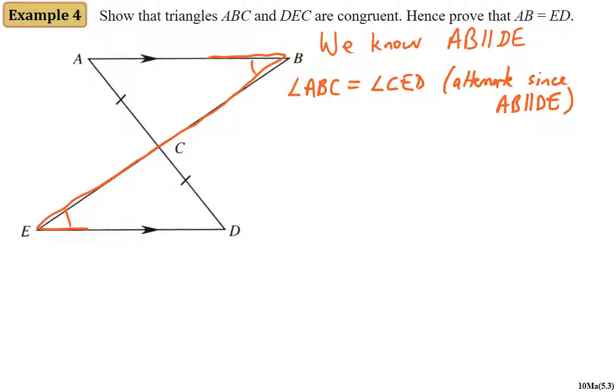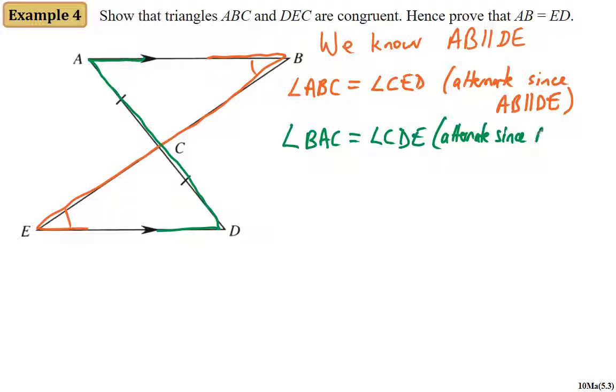The next line of working, still got alternate angles going back this way, so I end up with angle BAC equals angle CDE, and they're alternate since AB is parallel to DE.